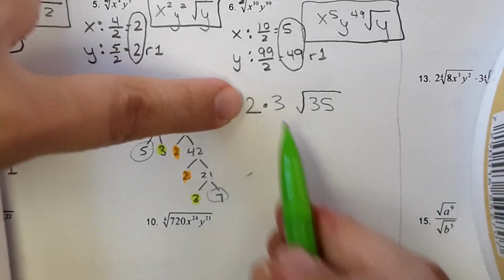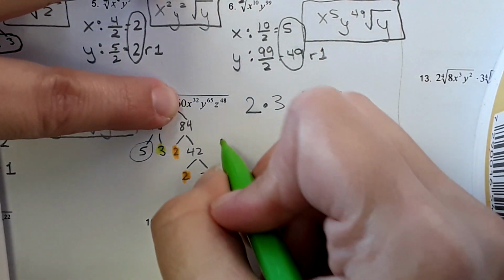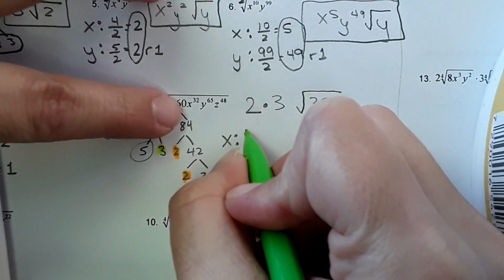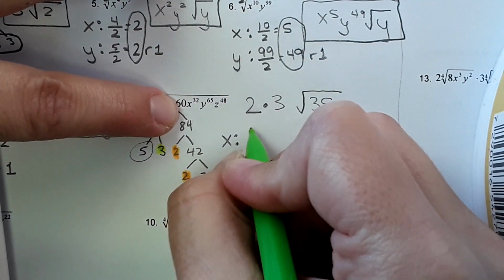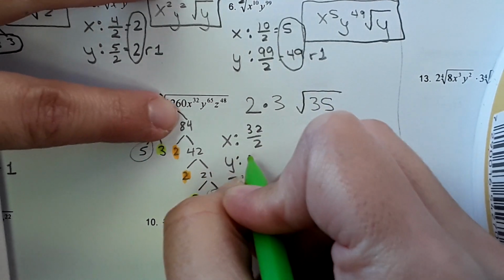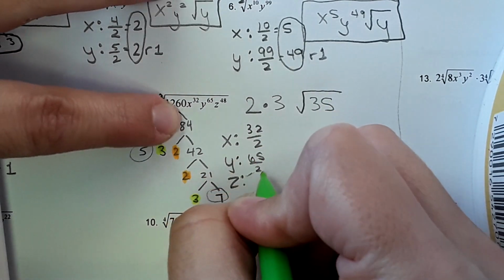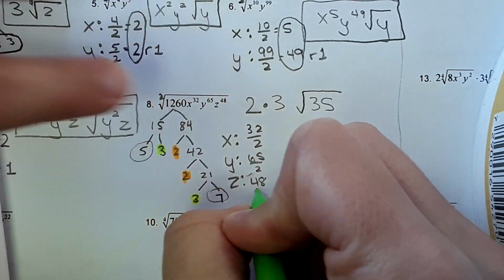Okay, so now that I have this, I'm going to focus on the variables here. So it's going to be for x, y, and z. I got 32 over 2, 65 over 2, and 48 over 2.